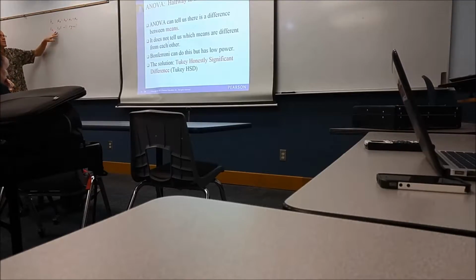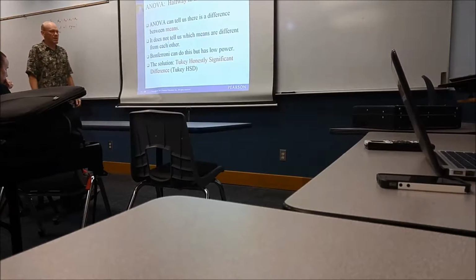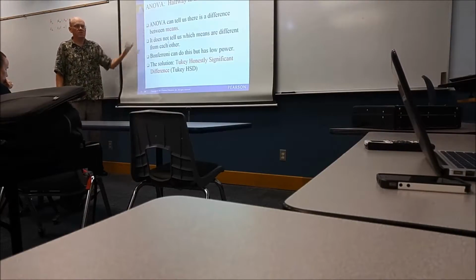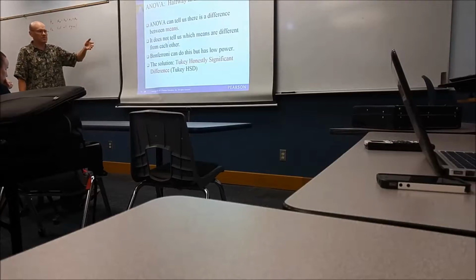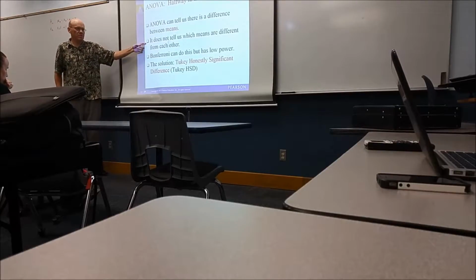If the alternative hypothesis is true, it could be true with just this one being different from the other three. Okay, so these three could still be equal. But if this one's different, then you're in the alternative. Okay, and you're rejecting the hypothesis. Okay. So ANOVA just tells us that, but doesn't tell us which means are different from each other.